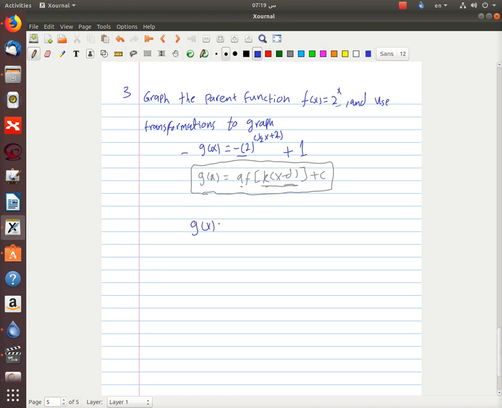So g(x) equals minus 2 to the power of, now you have half of x plus 2. How can you take a common factor for this bracket? Well, simply take half. I'm sorry, this should be minus half.